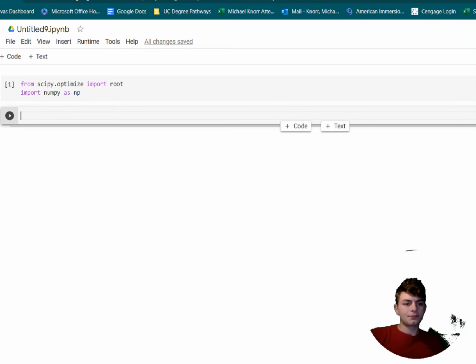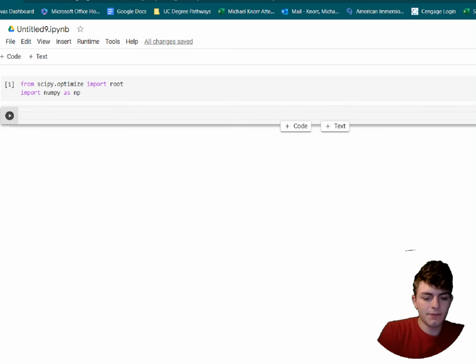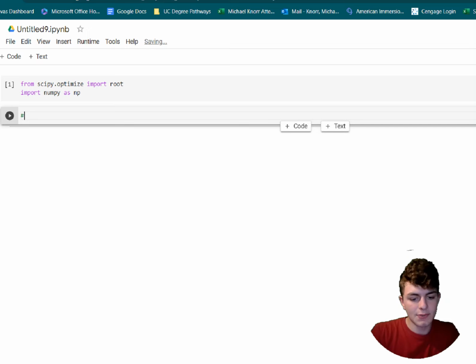Now we need to set up our two equations, and then we're going to use a root solver to solve for the root, or when the temperature is going to match. So first, this will be our Anton equation here.